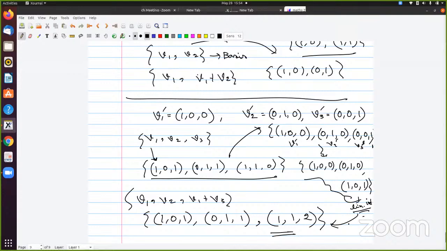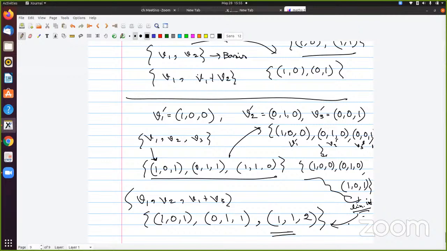Sir, by his theory, V1, V2, V1 plus V3 can also be reduced in this form, 010, 001. That is after you prove that it is the basis, but that is the question, that is what you have to show. Sir, once you know that this is the basis, you can change it to that.